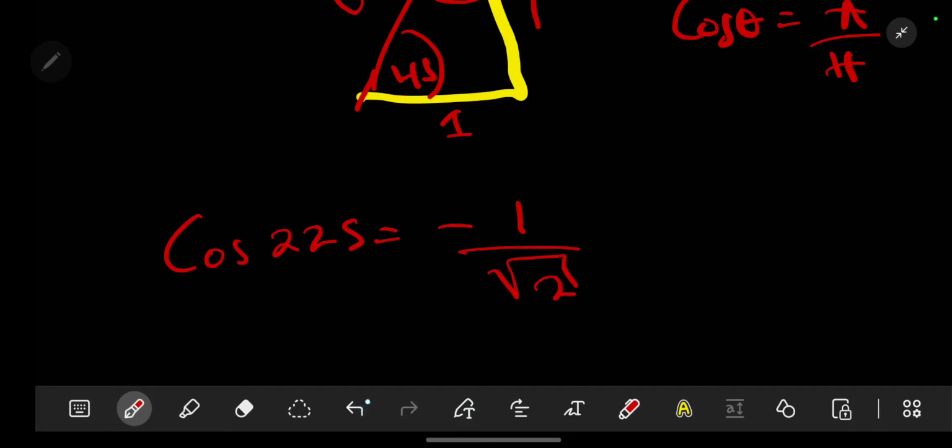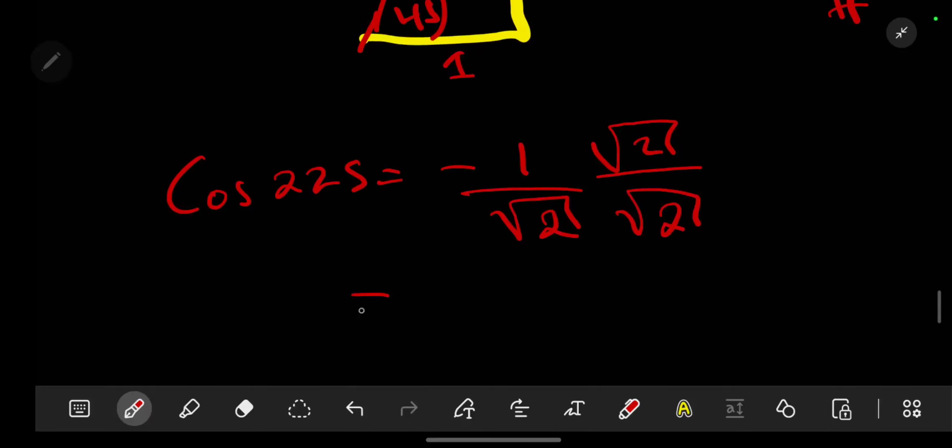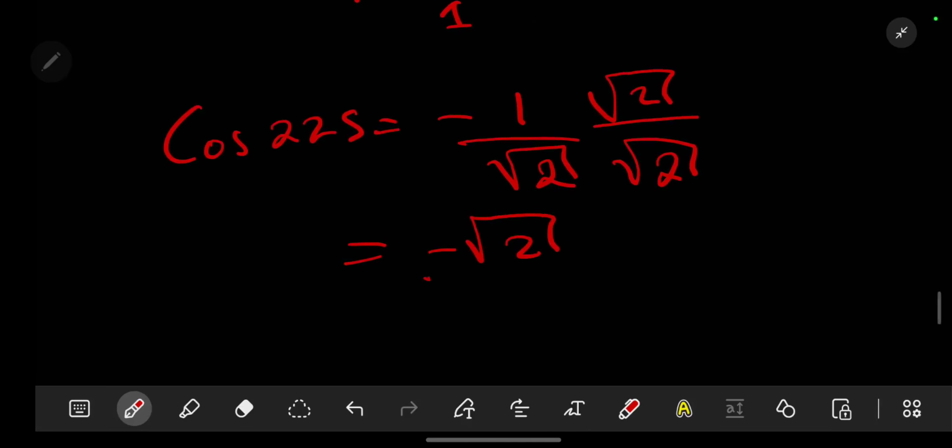Now they like giving the answer in conjugate form, so we are going to remove this square root by multiplying by the root of 2 and the root of 2 like that. So root of 2 times negative 1 will be negative root of 2, over root 2 times root 2.